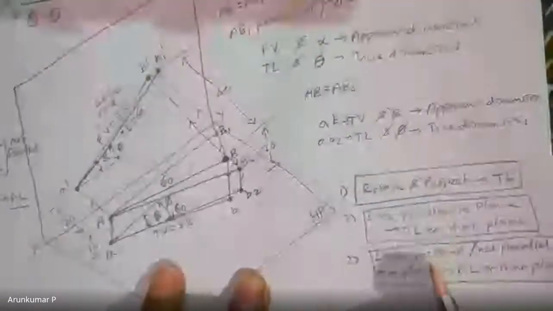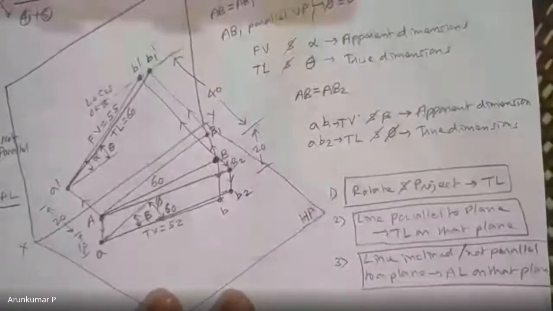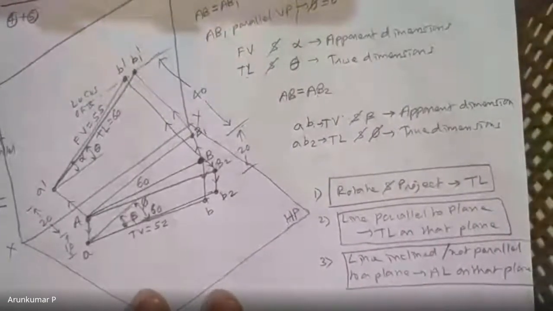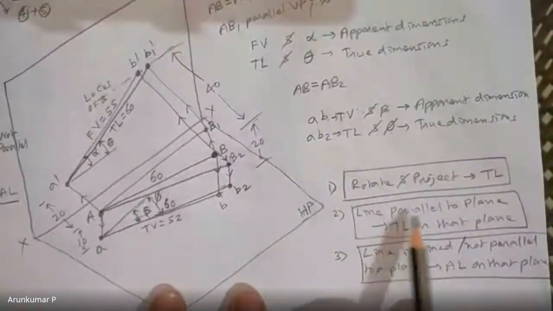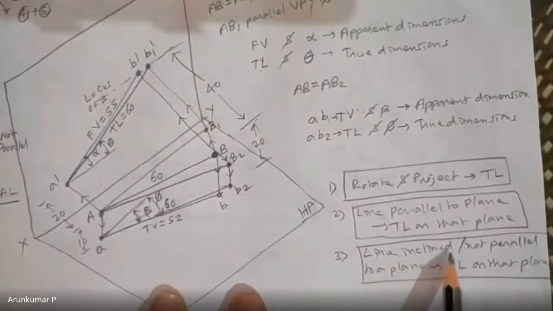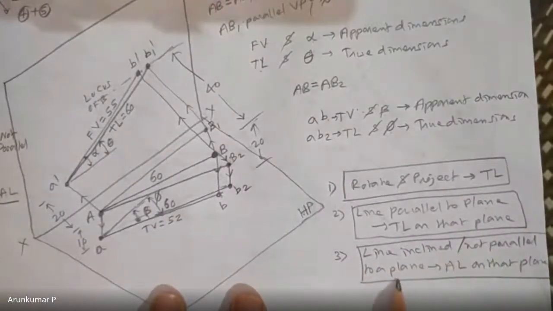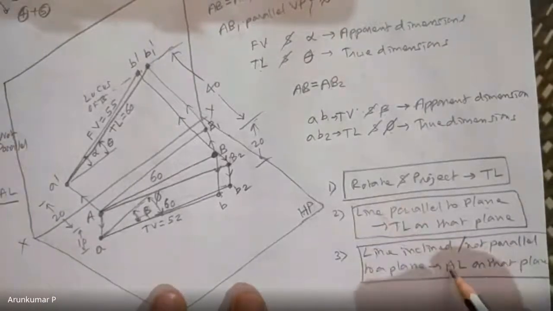So these are the 3 takeaways. Please remember this, or you can write down this. A line, when it is parallel to a plane, you'll get the true length of that line on that plane. A line which is inclined and not parallel to a plane, you will get an apparent length of that line on that plane. Apparent length.